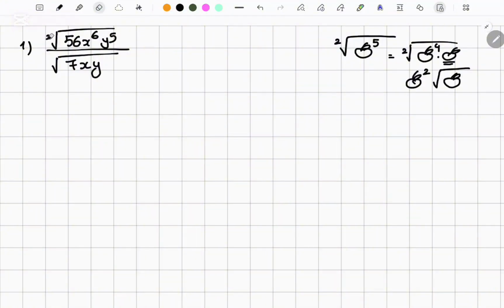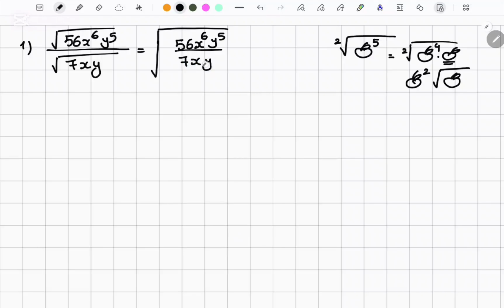So as I said, when there are no numbers here, it means that the index is 2, okay? Since the index of both of these are equal and they're both 2, I'm going to take them all under the same radical, so that if there is anything that can get simplified or crossed out, I would do that to make everything easier, because in this case I'm going to be dealing with smaller numbers.